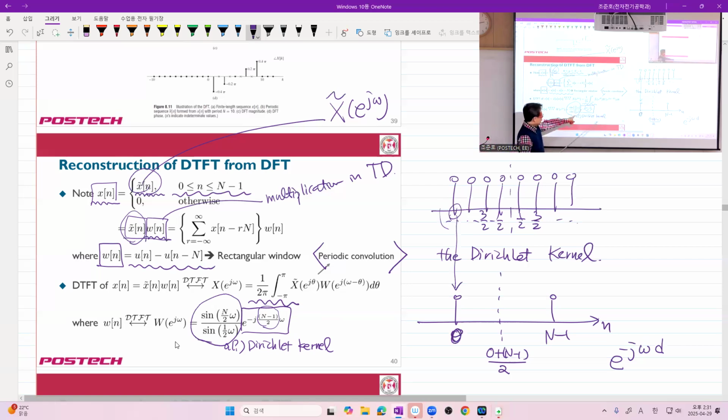That's why you have this linear phase shift term factor appearing here in the DTFT. Got it? Anyway, once I told you already, the Dirichlet kernel, by the way, the term kernel is now too much used by computer science and engineering people as something else.